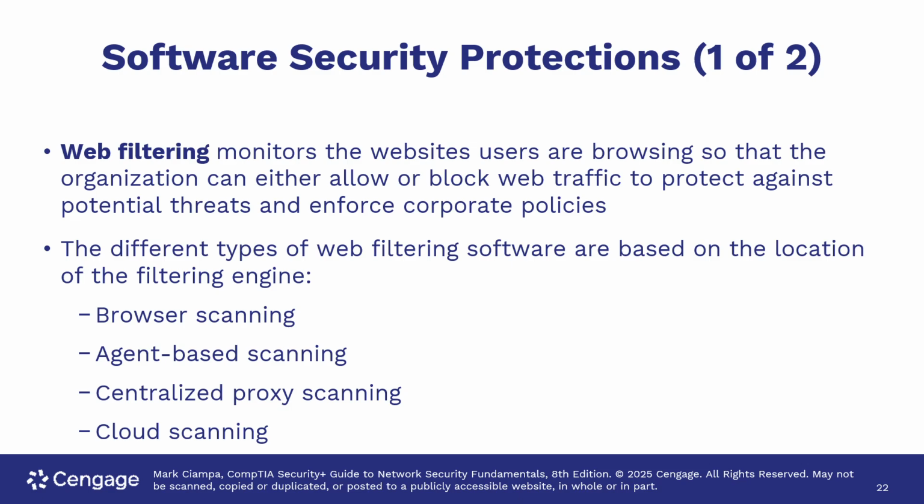You also can use what's called web filtering. Web filtering monitors the websites users are browsing so that the organization can either allow or block the web traffic to protect against potential threats and enforce corporate policies. The different types of web filtering software are based on the location of the filtering engine. So you could have browser scanning, agent-based scanning, centralized proxy scanning, and cloud scanning.